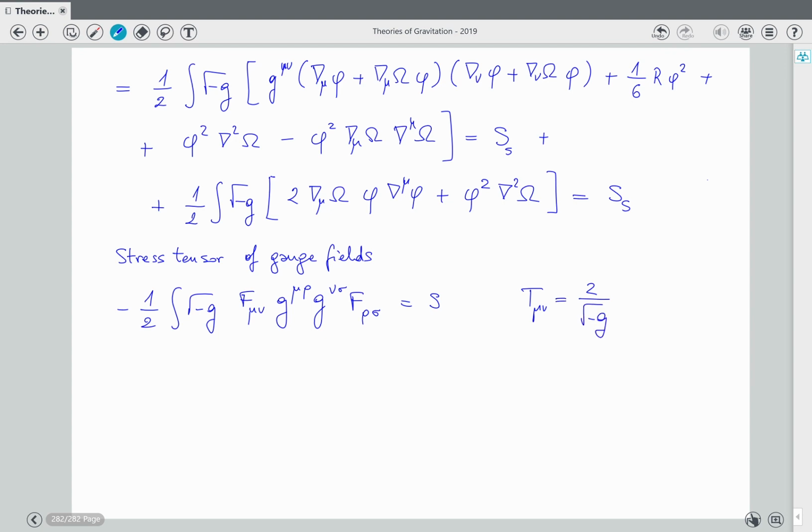1 over square root of minus g. Then there is basically the Euler-Lagrange equations of that action. So we take the variation with respect to the metric tensor with upper indices because it appears twice with upper indices, and the square root of minus g we know. So what you get is 2 times minus 1/4.